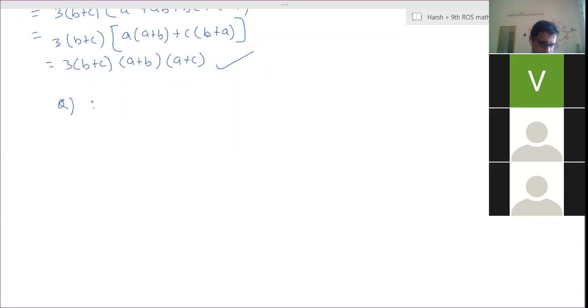Deepika, what you did in the second step, a plus b the whole cube plus c cube plus 3 into a plus b into c, then into a plus b plus c. How? So I expanded the first term, a plus b plus c whole cube. The formula is a cube plus b cube plus 3a square b.